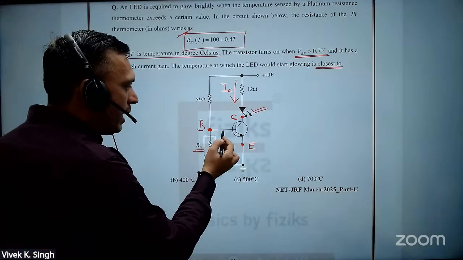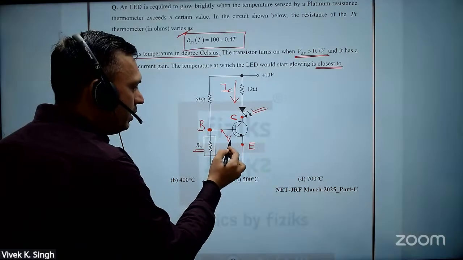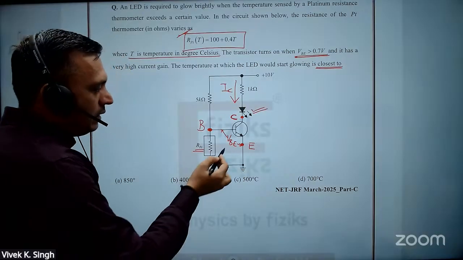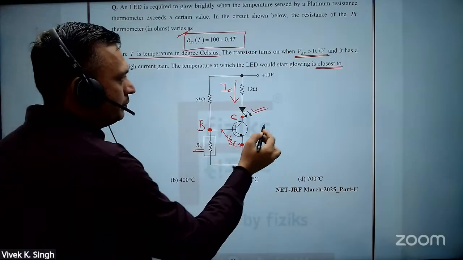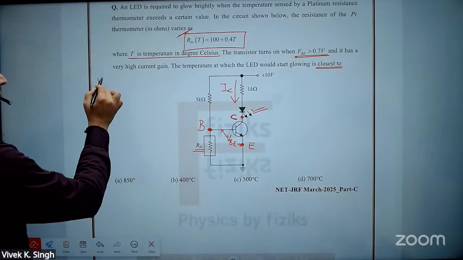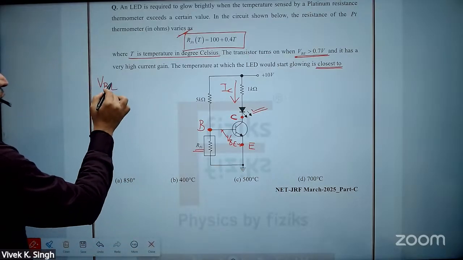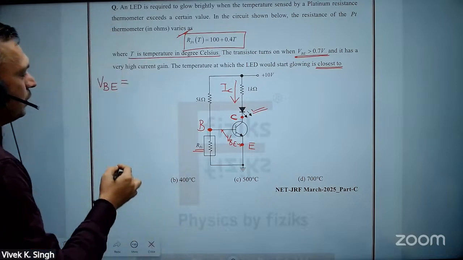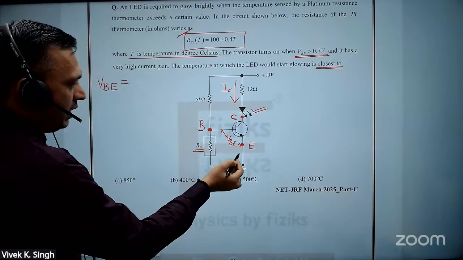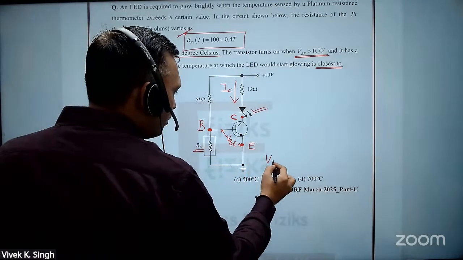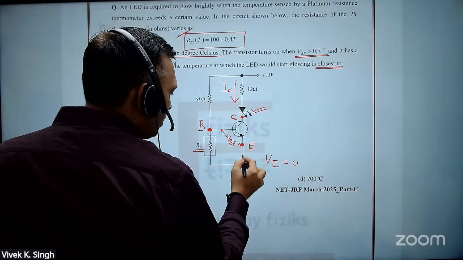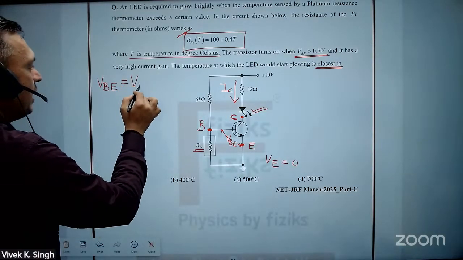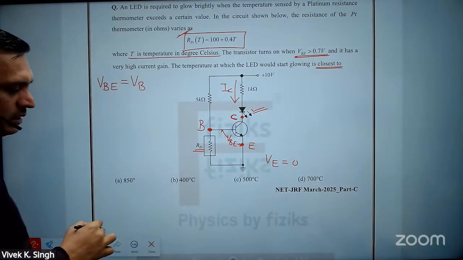You require a minimum voltage VBE. This VBE is the base to emitter voltage, and the minimum voltage I am taking is 0.7 volt. Because the emitter is at ground, its voltage is 0. So the base voltage with respect to ground is the same as VB. Is it clear?